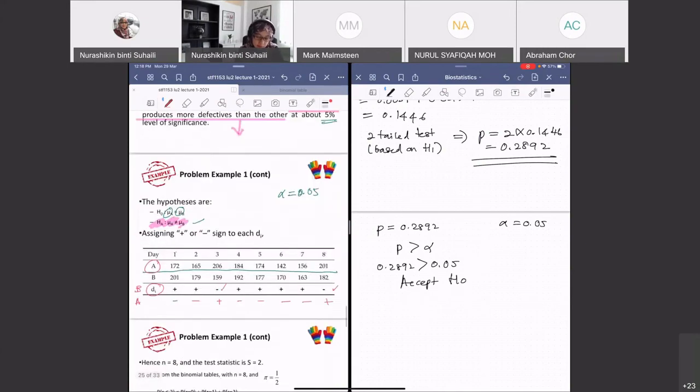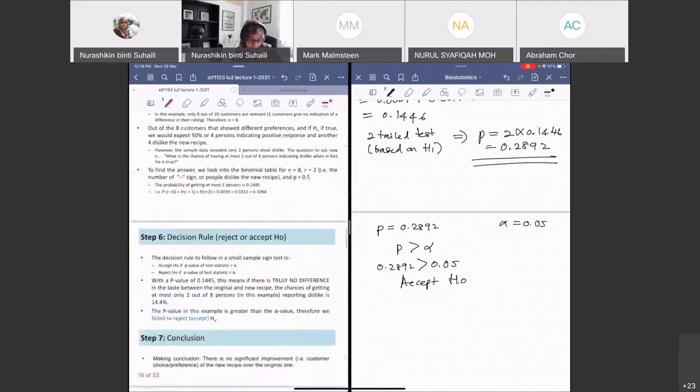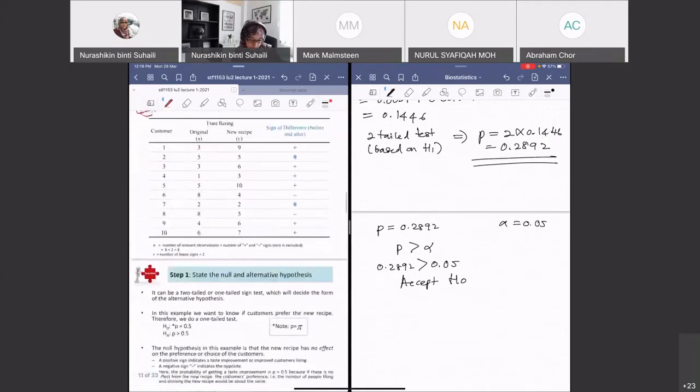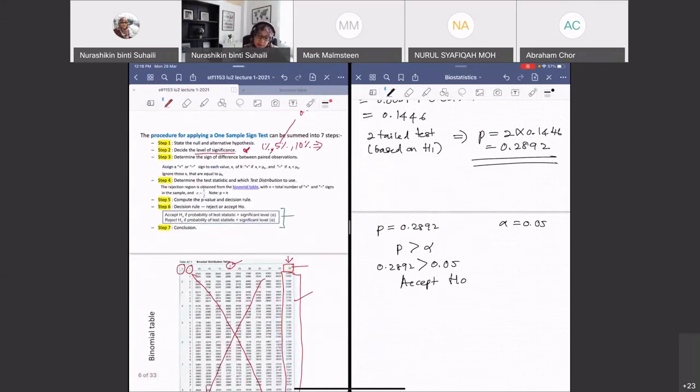Right? Okay. I hope that you are still with me. This is step 6. So I made this decision based on this one. Okay, so accept. And step 7 is to make conclusion.